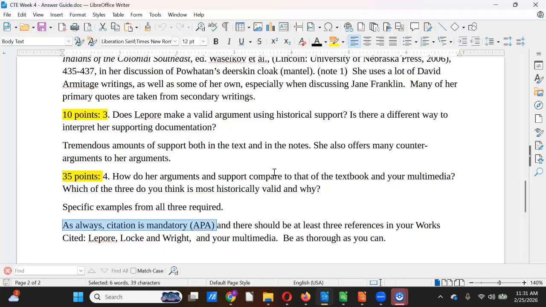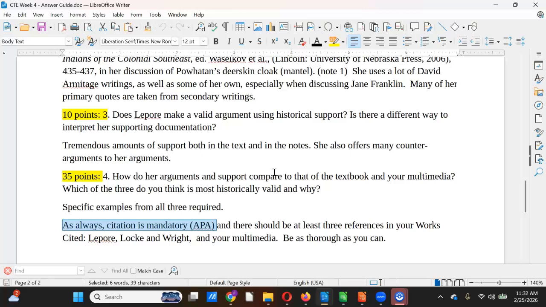For the week 6 on the American Revolution, if you're going to argue the bias of a source, you need to give me quotes to demonstrate that. And virtually no one did with that one. I had a larger number of people who, for some reason, didn't use any citation in that one also. And I'm like, we all know that's a no-no. So I'm not sure what happened there.